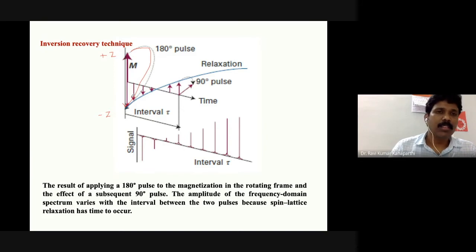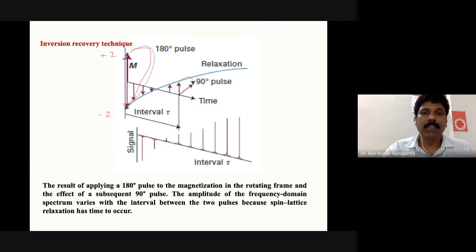But in the inversion recovery technique, with a delay, tau, from the application of the first 180-degree pulse, a 90-degree pulse is applied. What does the 90-degree pulse do? It tips the net magnetization vector into the xy plane, and then it precesses.